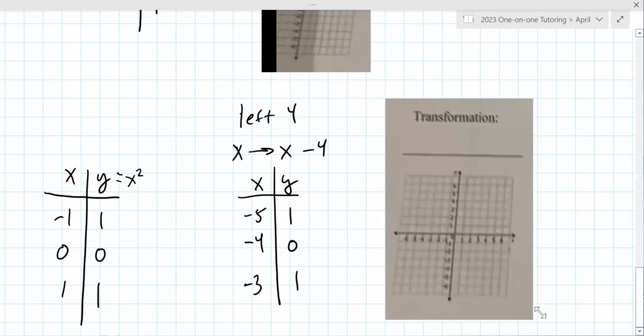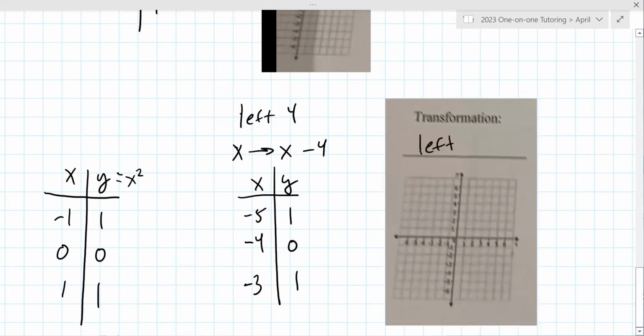So this transformation is left 4. I want you to graph these new points for us, please. Okay, your graph should be like -5, 1, -4, 0, -3, 1.